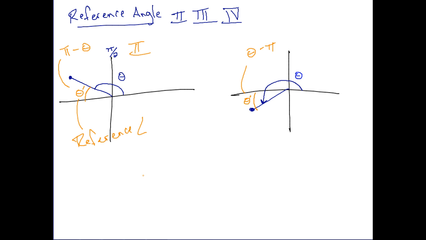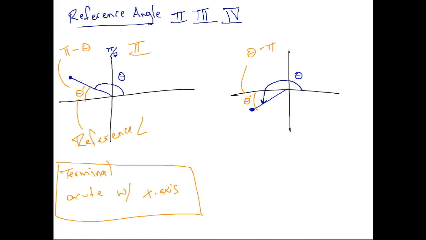Well, the reference angle is always the angle that our terminal side makes with the closest x-axis. So we take the terminal side and we find the acute angle that it makes with the x-axis. And that is our reference angle.